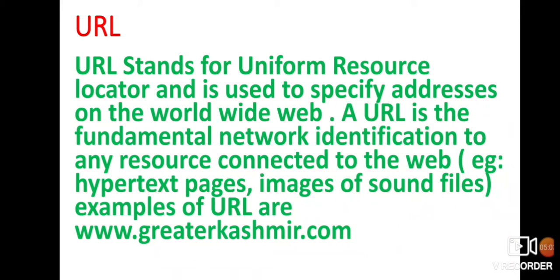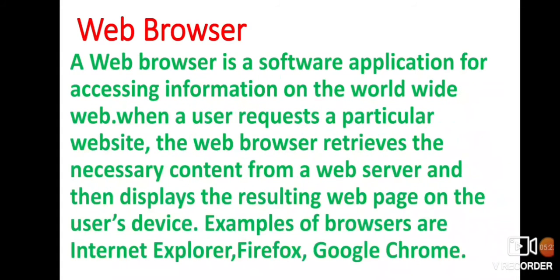A URL is the fundamental network identification of any resource connected to the web. So any resource connected to the web can be identified by its unique network identification system, which is known as URL, that is Uniform Resource Locator. Now next in the line is web browser.